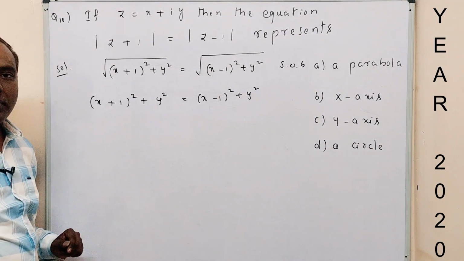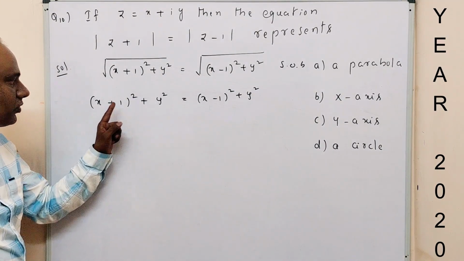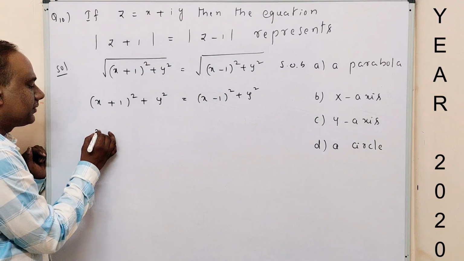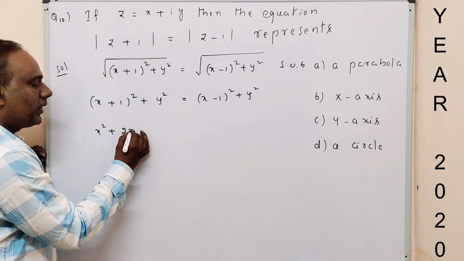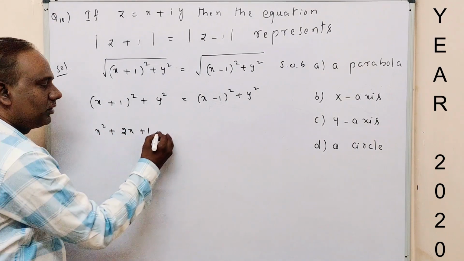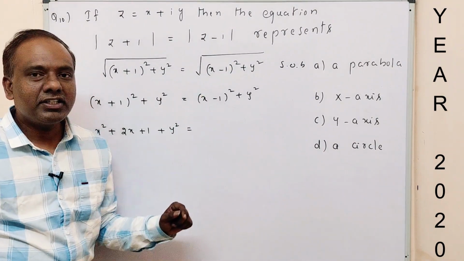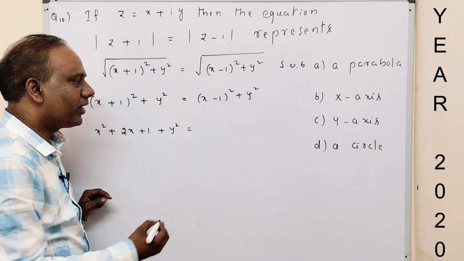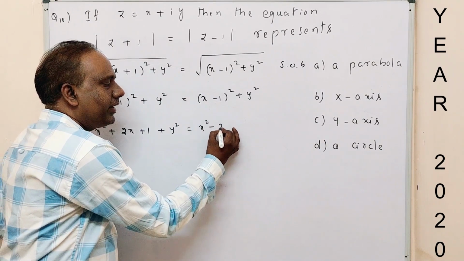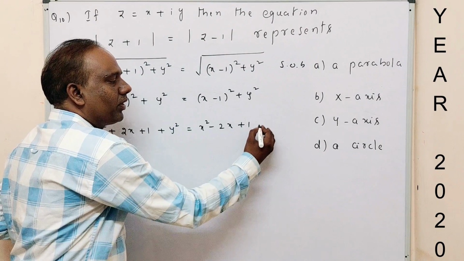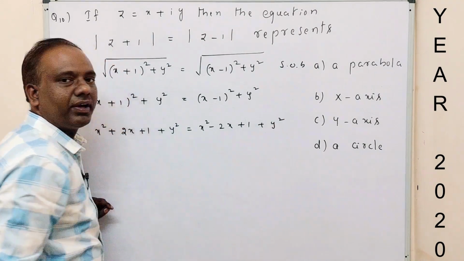It is a plus b whole square form now. So x plus 1 whole square is x square plus 2x plus 1 plus y square. It is a minus b whole square. So x minus 1 whole square is x square minus 2x plus 1 plus y square.